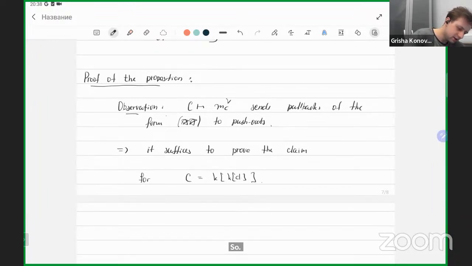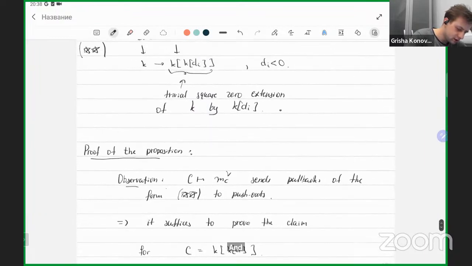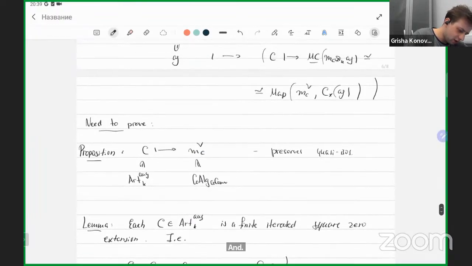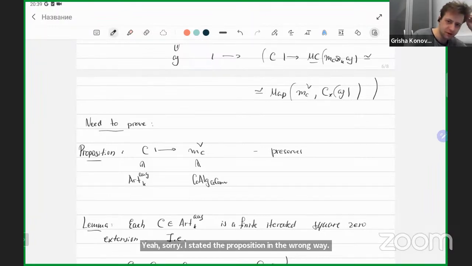And yeah, sorry, I stated the proposition in the wrong way. It shouldn't preserve quasi-isomorphisms, it should preserve weak equivalences.